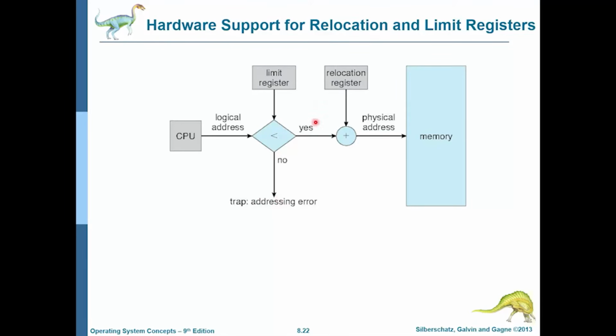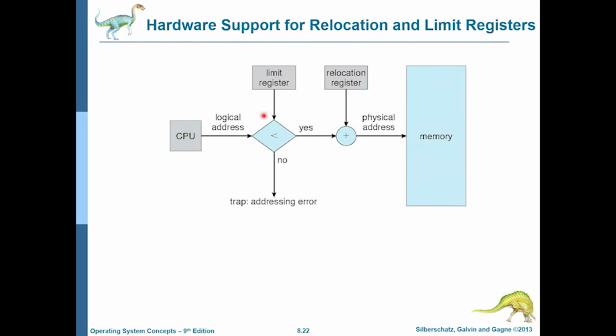If yes, then I'm going to add the contents of a relocation register to you, and then a physical address is created. So this is the job of the MMU, which takes a logical address and converts it to a physical address. It does a check, then it adds a base to give you a physical address. And this is how processes used to run in older operating systems.